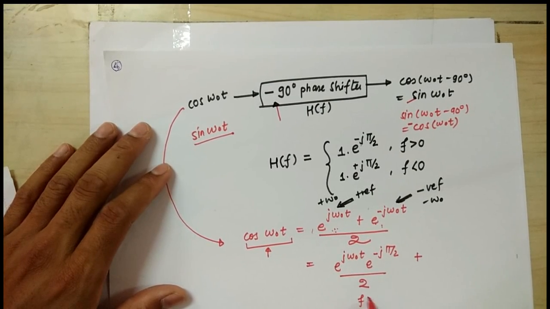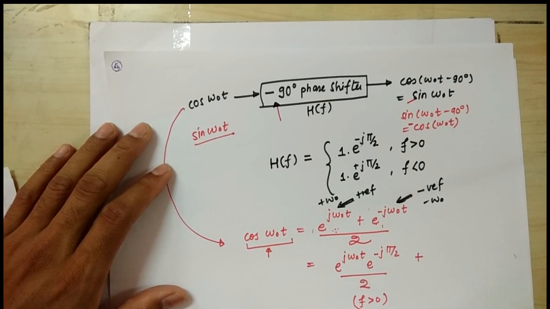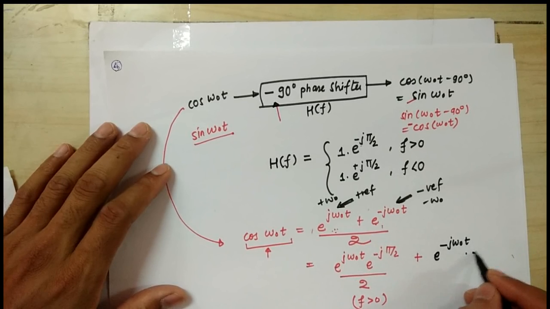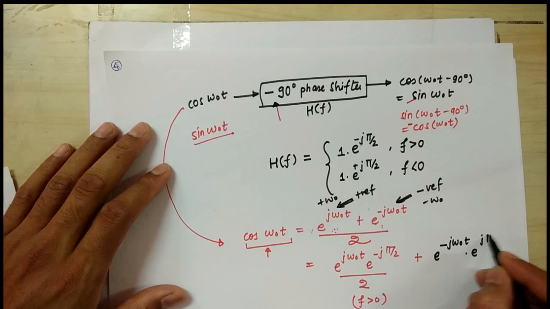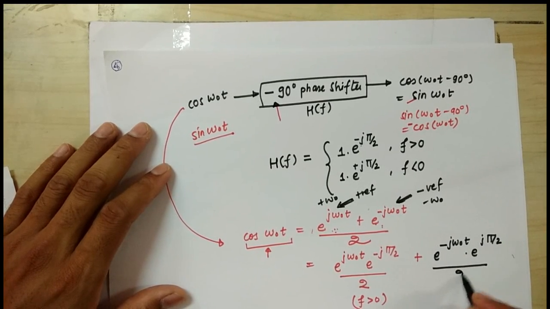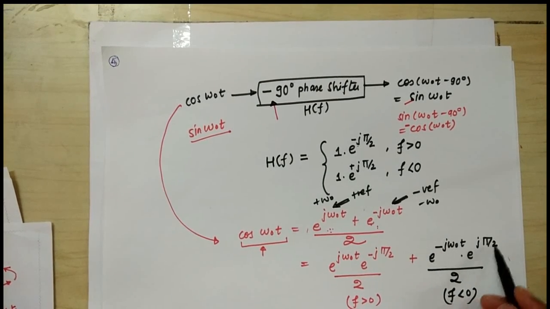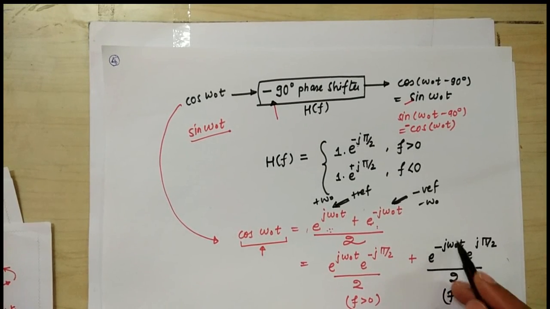This is the frequency less than 0 component, e power minus j omega naught t times e power j pi by 2, divided by 2. You can see we have added phase of minus pi by 2 since this is positive frequency, and plus 90 degree because this frequency is less than 0.